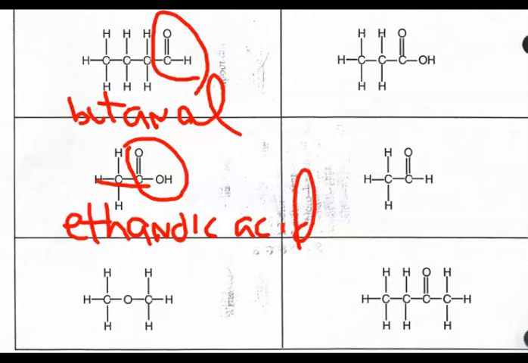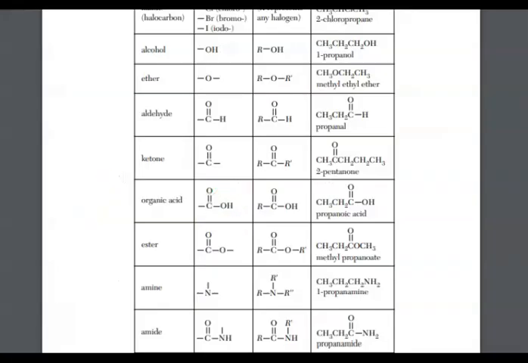For the third one here, I have a carbon, then linked to oxygen, and then linked to another carbon. Well, let's take a look. We're talking 1 oxygen. Doesn't look like an alcohol. Oh, wait a minute. It's an ether, isn't it? Because the oxygen is part of the linkage.